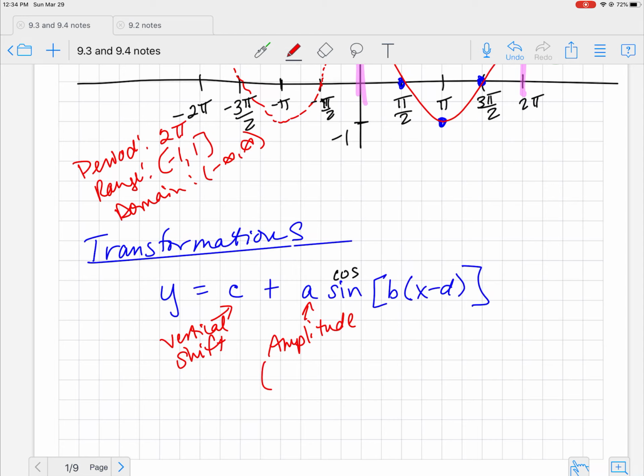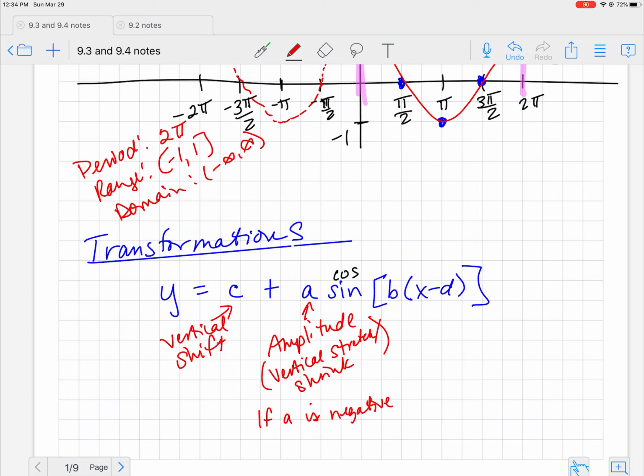When I'm talking about trig functions, that's actually called an amplitude. It has a different name, but it literally serves the exact same purpose. This is the vertical stretch or shrink. Okay, that's what an amplitude is. It's your vertical stretch and shrink.